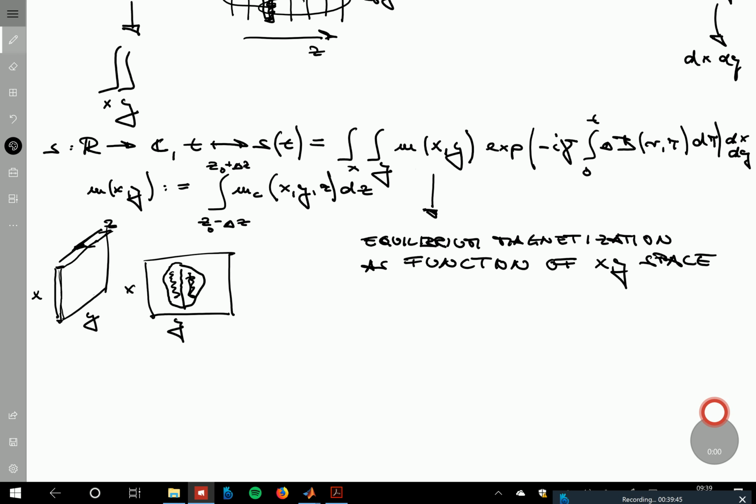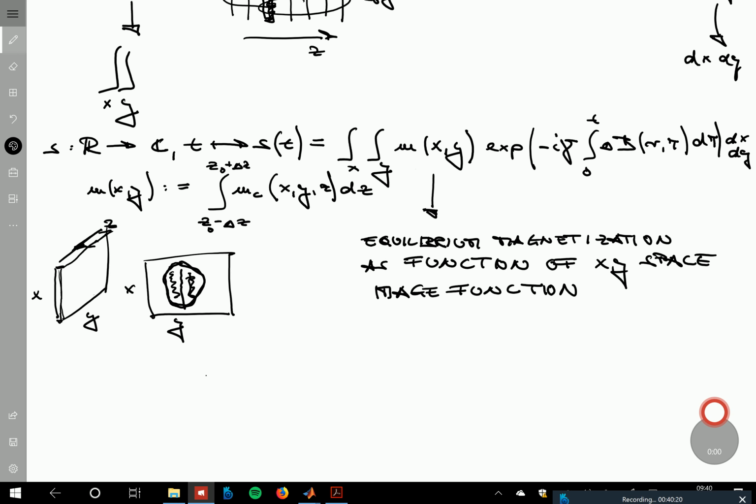If some sample, for example the brain, has more proton density in certain parts of it in space, then if you make an image of that or plot it, you see essentially what you're trying to image. So that's our image function, in the sense that an image is a function over space.